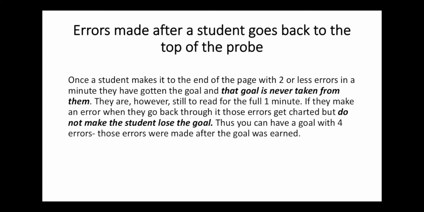Even if they had 6 errors their second time through, it would not affect the goal. Thus, you can have a goal with, say, 4 errors. Those errors were made after the goal was accomplished. And that will never be taken away from them.